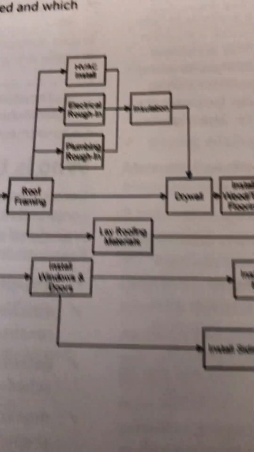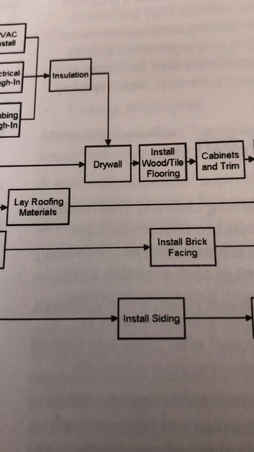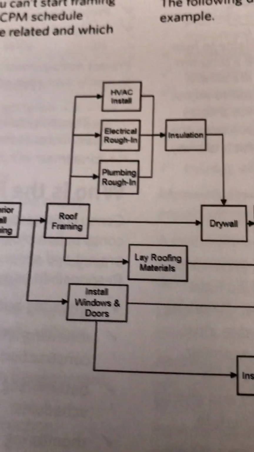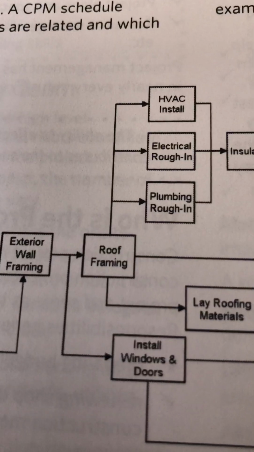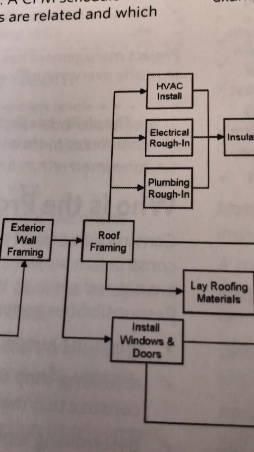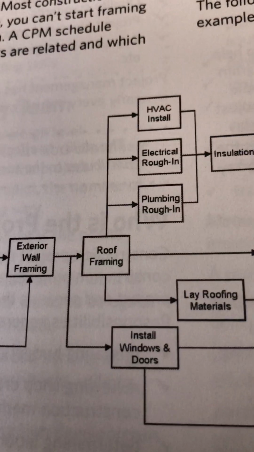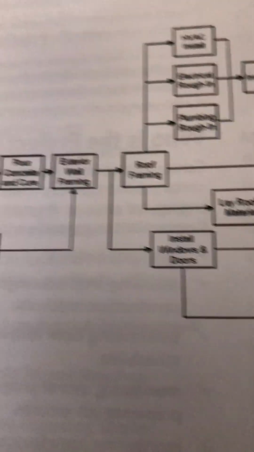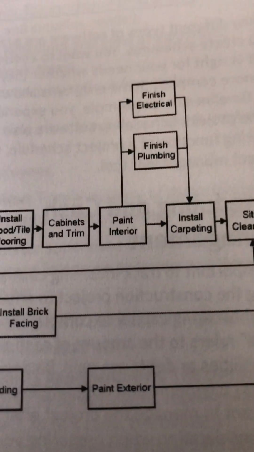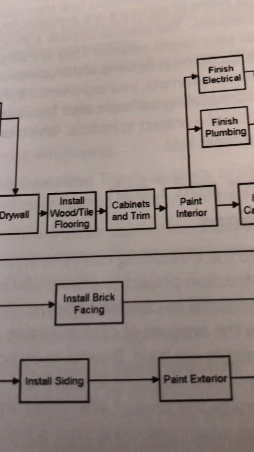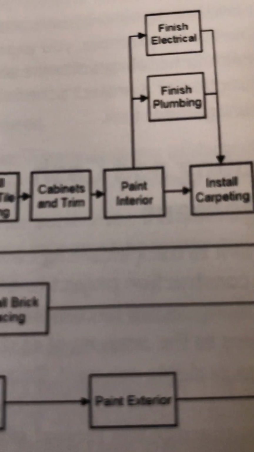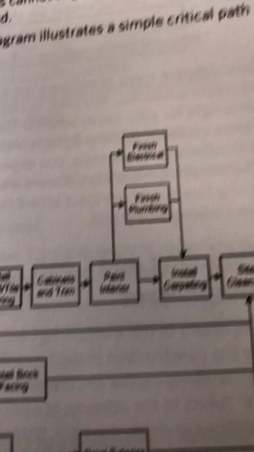Those bricklayers can be there at the same time they're still working on the roof, or they can come at a completely different time. It doesn't go by the calendar, it goes by who's done. So what are we done with? We're done with paint interior.